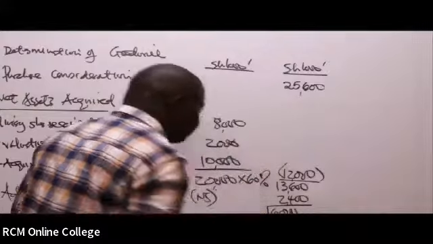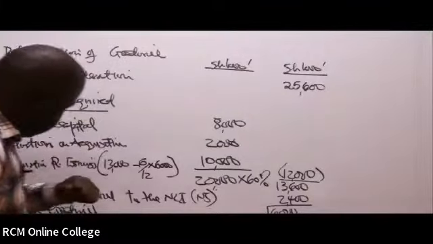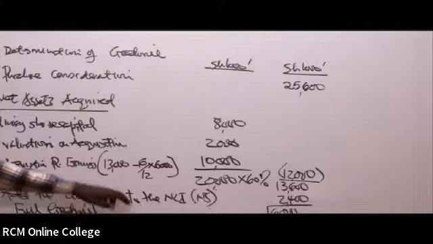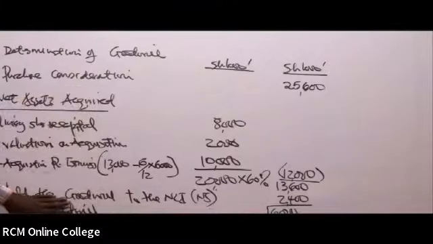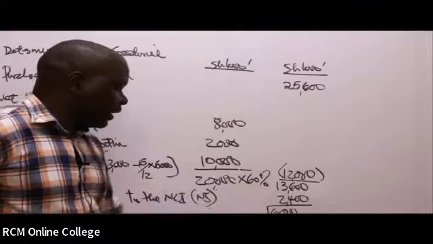That's how you compute the goodwill that will be considered in the statement of financial position. Take note, if you had been given the fair value of the non-controlling interest, you would have placed it here, and this computation of 60% wouldn't have been there.